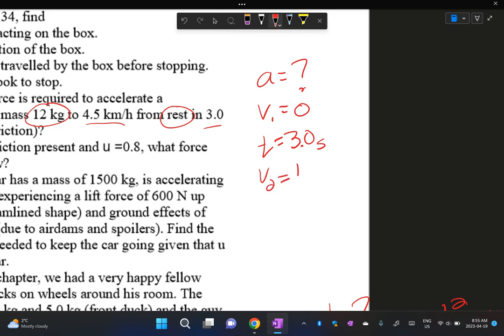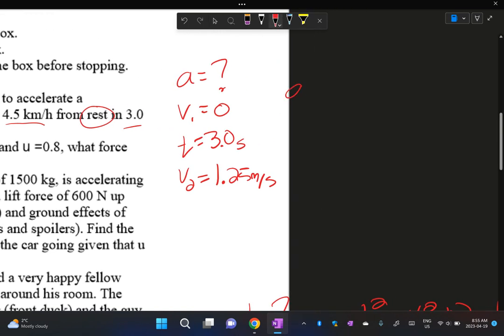So my V2 is actually 1.25 meters per second. I'm just going to double check that calculation before I go on. If I messed that up, then it's not going to work. Looks like it's right. So I go a equals v2 minus v1 over t. It's equation 1. So that's going to be 1.25 meters per second minus 0 divided by 3 seconds.